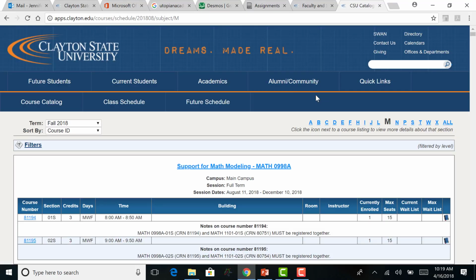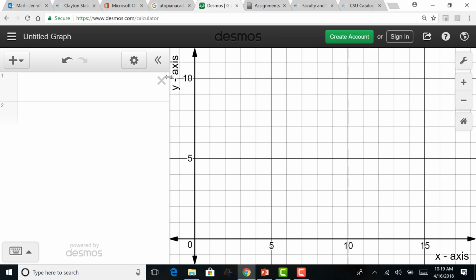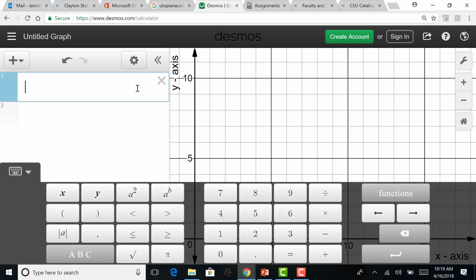All right, let me go to Desmos. The one that we did on the board first. This one over here that we did on the board first. I'm going to put it in Desmos. Let me see what happens if I put it in this way. I'm going to try something really quick here. Equals 150 raised 4, 10.